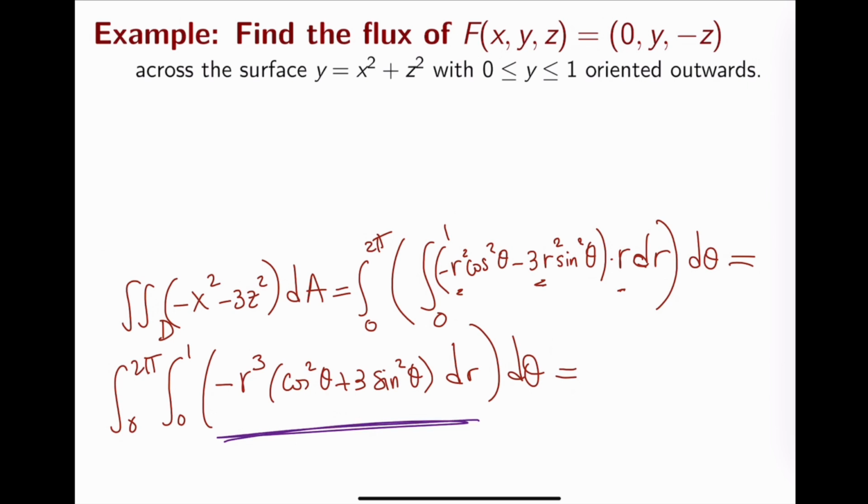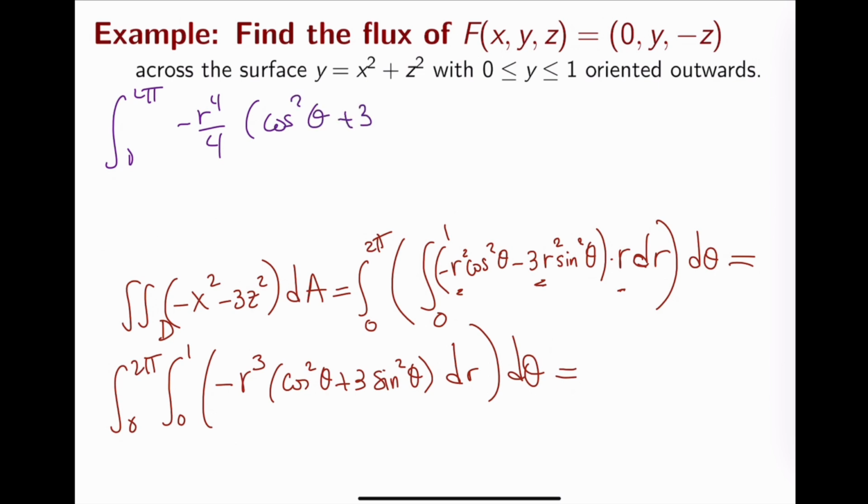Let's integrate now this with respect to r, and so the integral with respect to r is going to be minus r to the 4 over 4, right? All the other part is constant with respect to r. And so this has to be evaluated between 0 and 1.